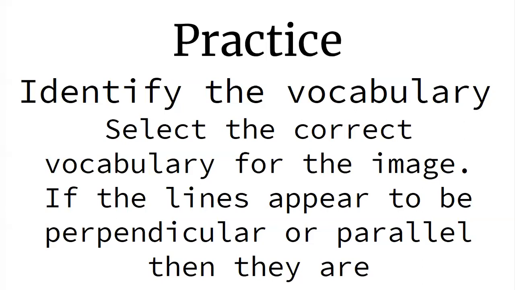Okay, we have some practice. So I practiced about identifying the vocabulary being shown. Basically, you're going to be given options A, B, C, and D, and then you select whichever one is being shown in the picture. And also, if lines appear to be perpendicular or parallel, they are.